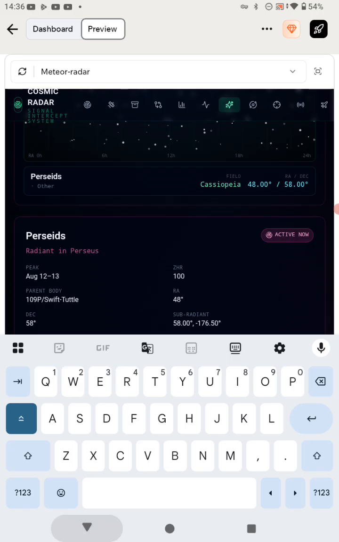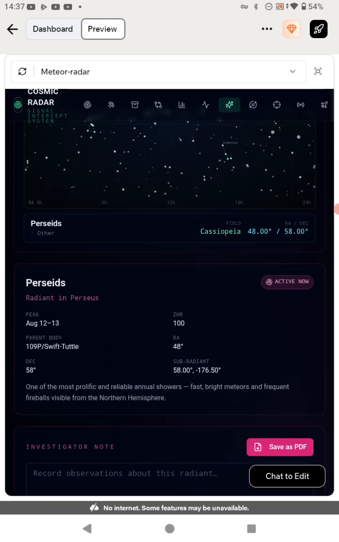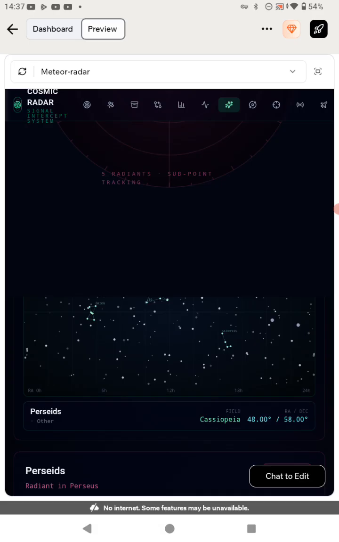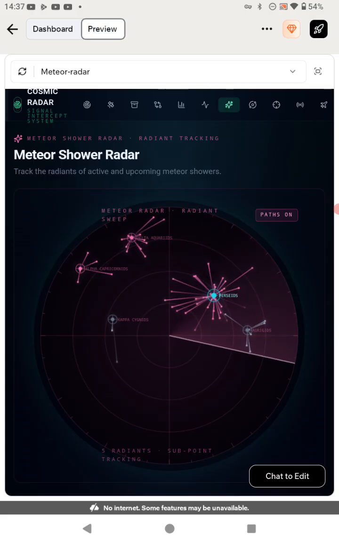And then once you've got your notes done, whether you write your investigation notes or not, again, you can save this whole page as a PDF file, which is good. Because this is the whole idea of the app, is to save any information or data that you might have witnessed. Okay.